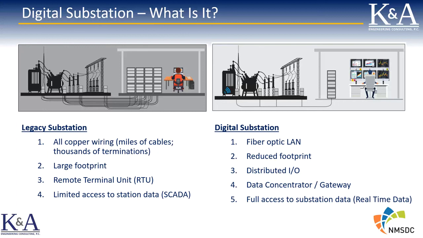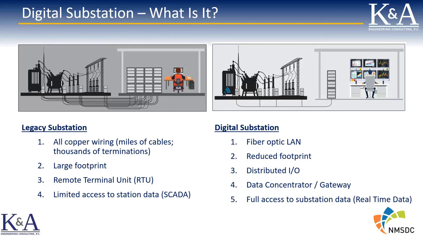In contrast, a digital substation is based on the fiber optic network, and the fiber optic LAN basically replaces most of the copper wiring. Up to 80% of the copper wiring is replaced by fiber optic network cables. The reason you can't get rid of all of the copper wiring is because all these devices still have to be powered, and we haven't figured out yet how to run power over fiber cables.